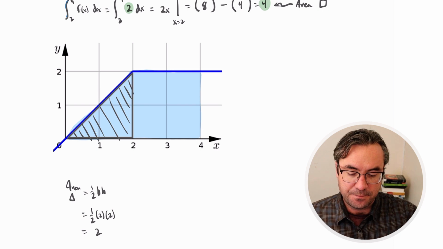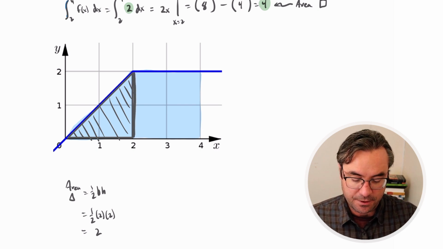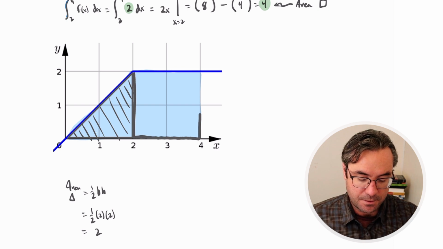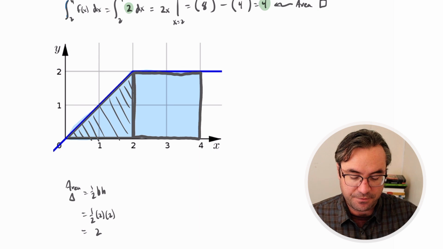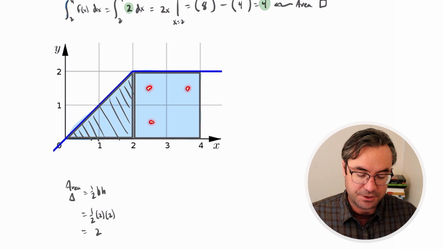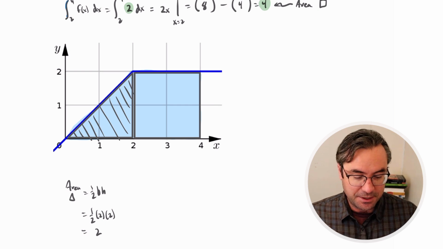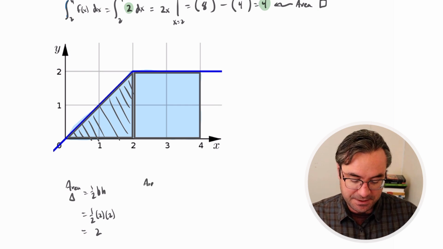And then for that square, we've got this square over here. And we can figure out the area for that square. And, well, we can just count up how many unit squares are inside of it, which in this case is 4. But in general, maybe if it wasn't as nice as that, it's just length times width.